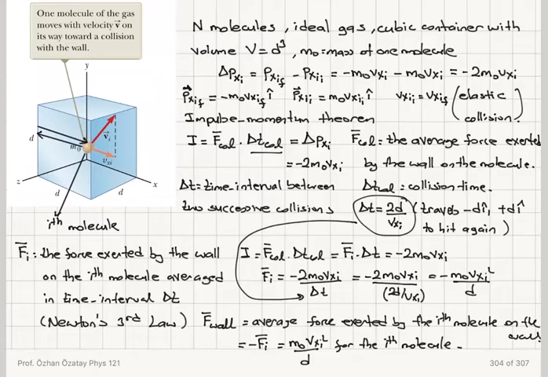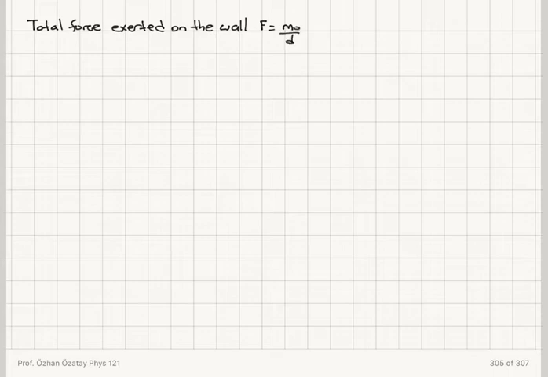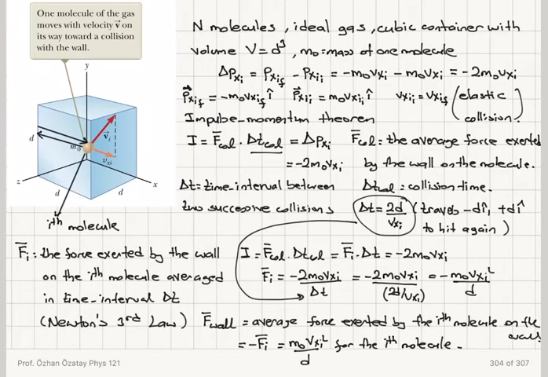Now, what is the total force exerted on the wall by all of these molecules? The total force exerted on the wall will be the sum of all the forces exerted by N molecules, and each of them has an x component of its velocity vxi.